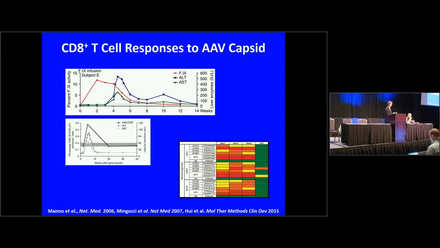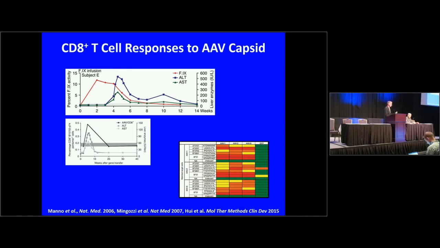Another big surprise was that CD8 cell responses against the AAV capsid have been observed, work from, again, Kathy High and Federico Mingozzi. In hepatic gene transfer of an AAV2 factor 9 vector that was initially described, and it's since been shown for other capsids as well, you can have a liver enzyme release and loss of expression. So basically hepatocytes seem to be turning over, and they're most likely being killed by CD8 cells that are specific to AAV capsid.